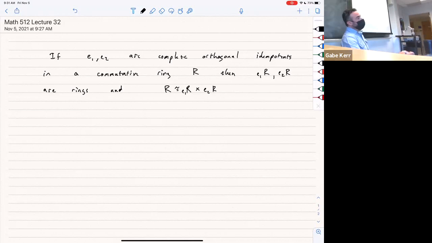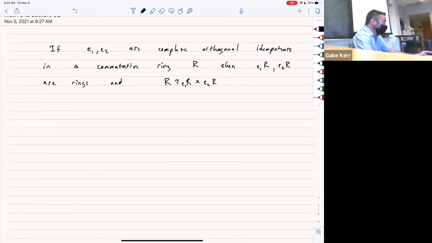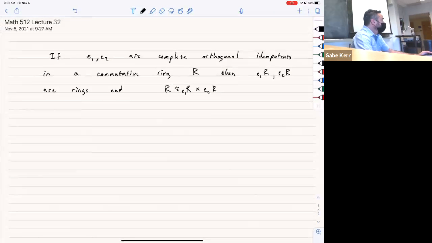So in some sense, you're decomposing your ring into two more elementary rings. It's something mathematicians love to do. Take something complicated and simplify it. The example I gave last time was Z6, but I want to give a general example.